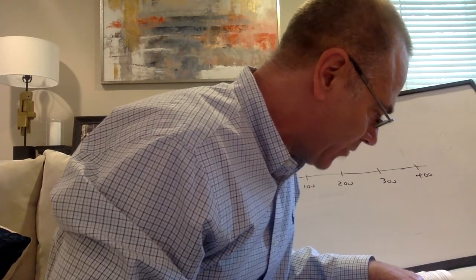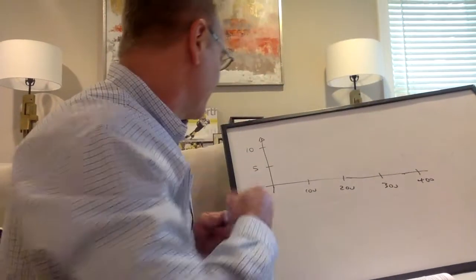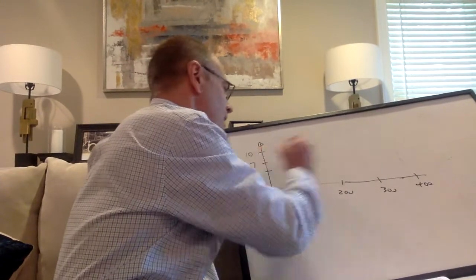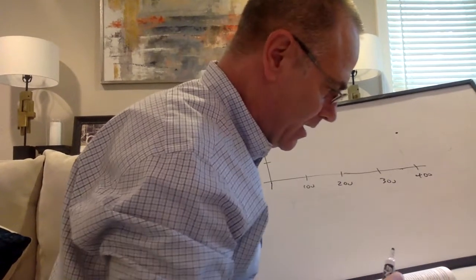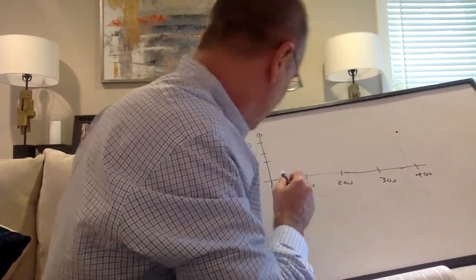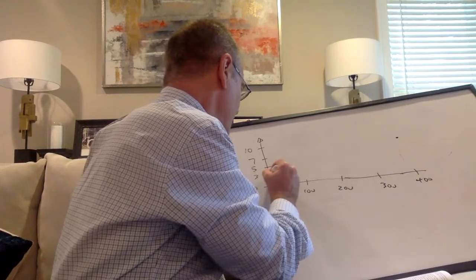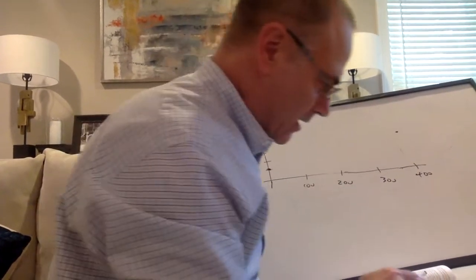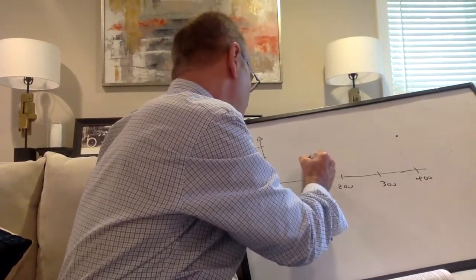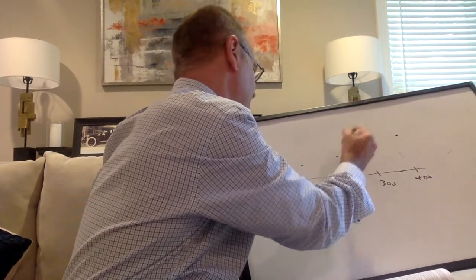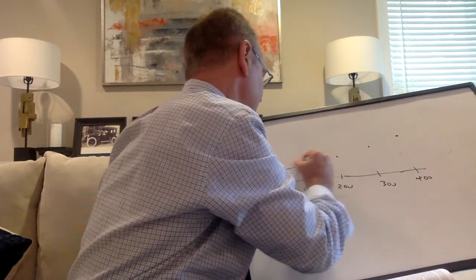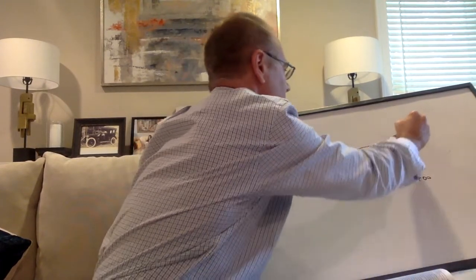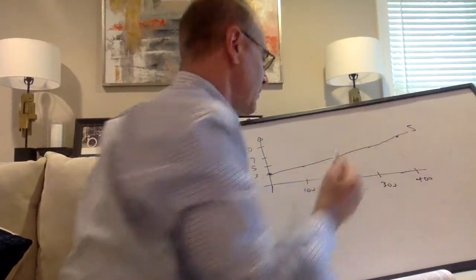If you look on the graph, to get to 400, the wage rate has to be 7. So there's a dot at 7 and 400, and another dot at 0 and 3. At 100 it's 4, at 200 it's 5, at 300 it's 6. So this should be a straight line, and this is the supply curve.